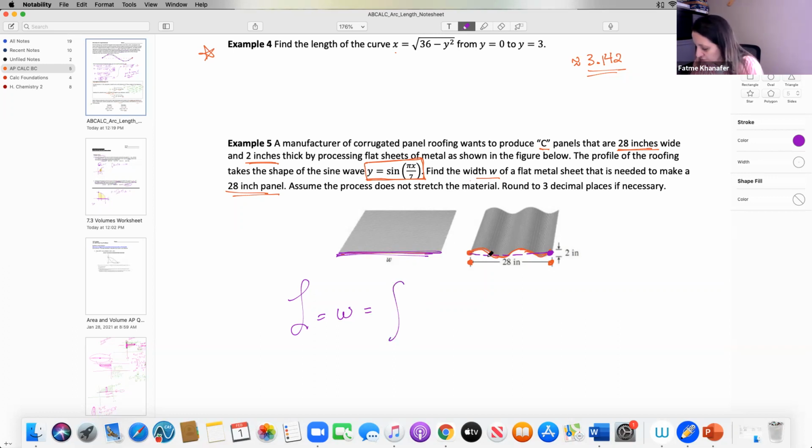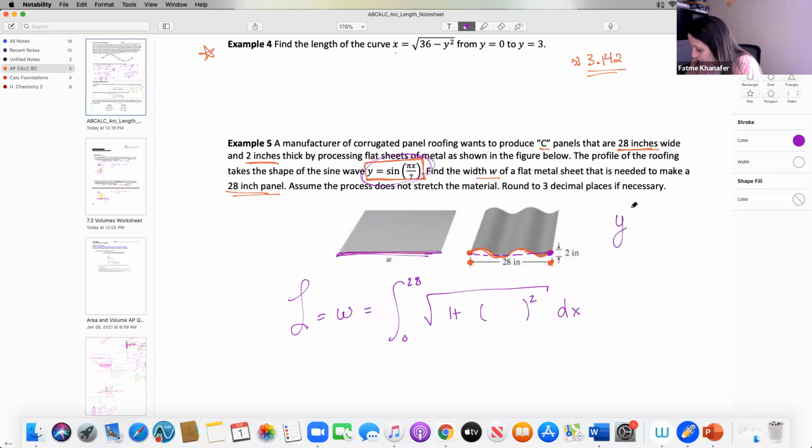It's going to be the integral from 0 to 28, because that's how long we want our panel, of the square root of 1 plus the derivative of this function squared, times dx.